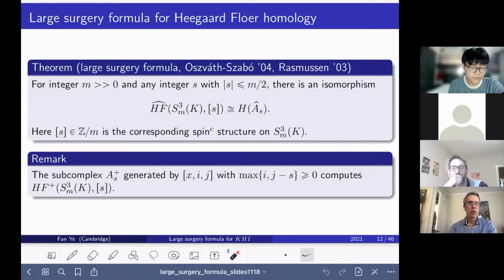And indeed, we can also calculate the plus version of the m-surgery by another band complex. But in this talk, we will only focus on the hat version.